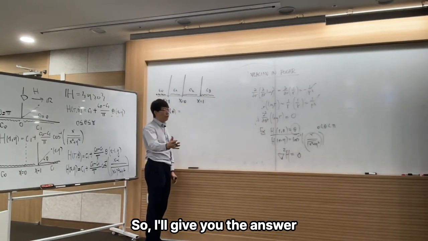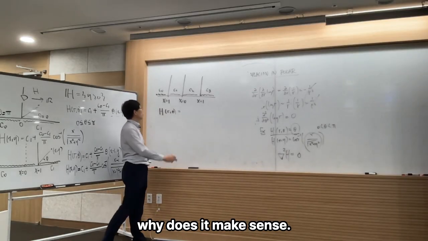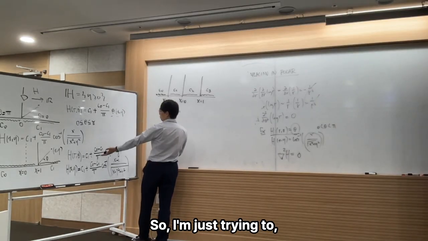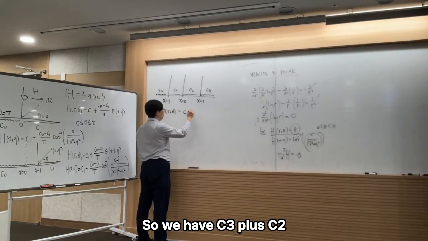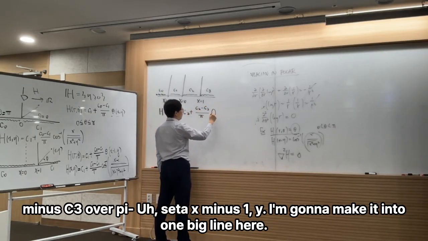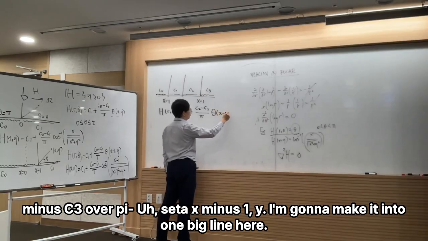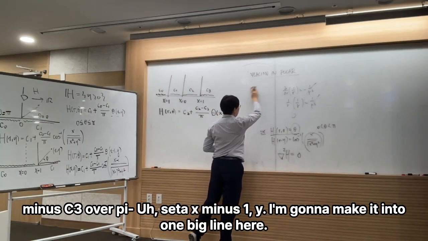I'll give you the answer, and think by yourself why it makes sense. I'm just trying to generalize the pattern here. So we have C3 plus C2 minus C3 over pi theta of x minus 1 comma y. I'm going to make it into one big line here.